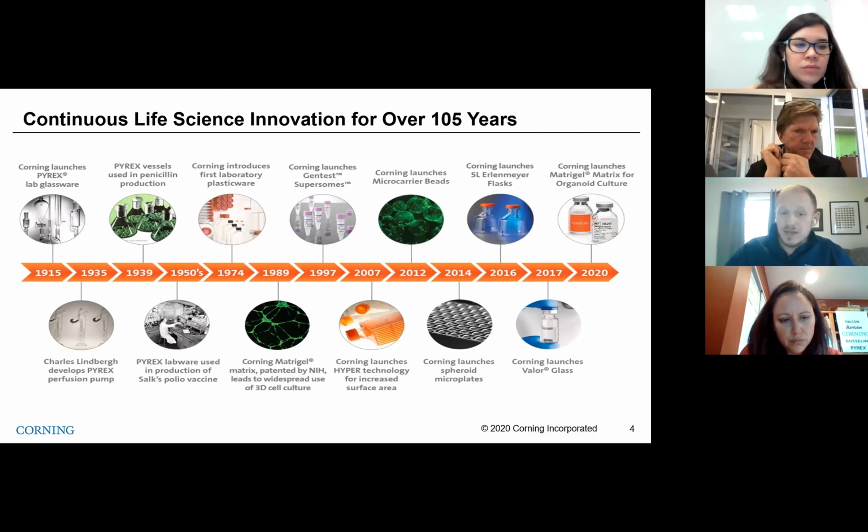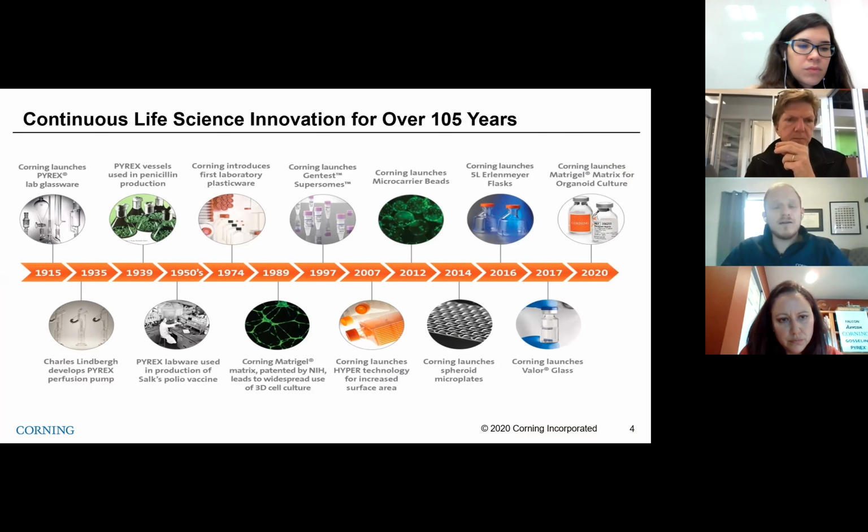The Pyrex glassware was actually used to develop the first vaccine, the polio vaccine, and used to culture HeLa cells, which was the first immortalized cell line ever utilized in a laboratory. And that was in the 1950s.